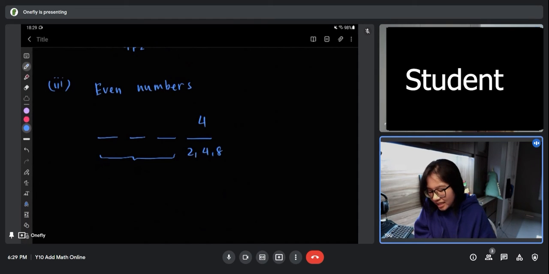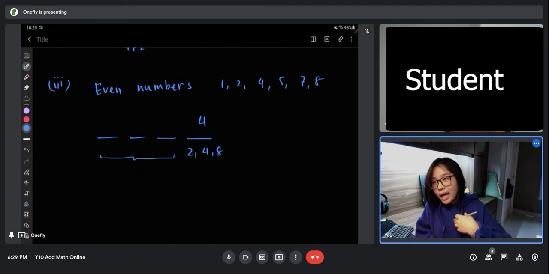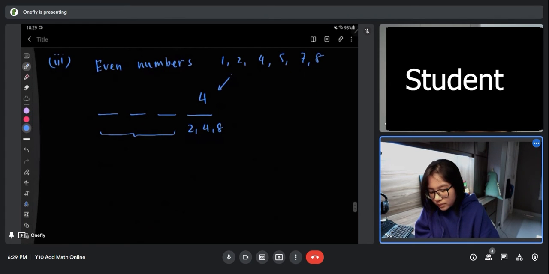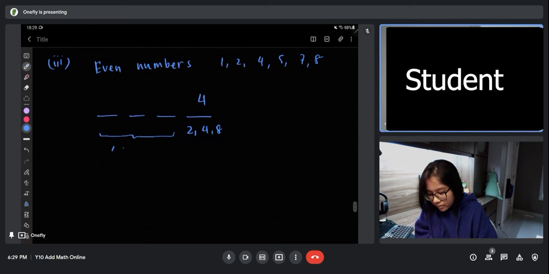Okay, then let's list it out. Total I have 1, 2, 4, 5, 7, 8 again. Here I got 3 options at first, okay? And then I pick the number 4. Can you list out what are the other numbers that I can use for the rest of the slots? 1, 5, 7, 8.